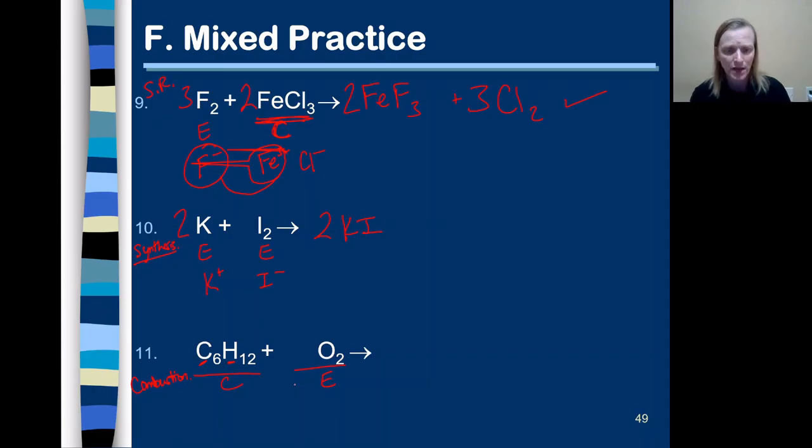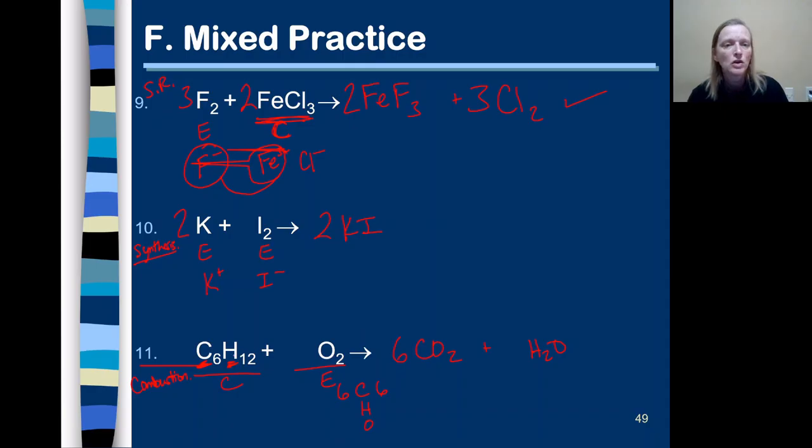So this is a combustion reaction, which means automatically my products will be carbon dioxide and water, because oxygen is going to react with the carbons and oxygen is going to react with the hydrogens. So to balance this, I need to think about my carbons, my hydrogens, and my oxygens. I need 6 carbon dioxides on the right side, so that I have 6 carbons on each side.